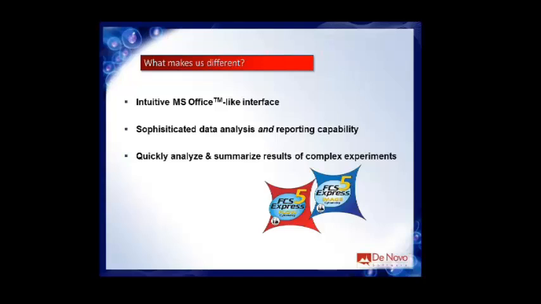What I mean by that is, in addition to all your typical dot plots and histograms and things that you need for flow data or imaging data, we can actually do regressions in the software that update as you move your gates. So scatter plots, bar plots, advanced statistics, anything that you can do in Excel, we can do in FCS Express. And in version 5, we can even do tests of significance like t-tests, chi-square, and so on. So all this allows you to quickly analyze and summarize the results of complex experiments.